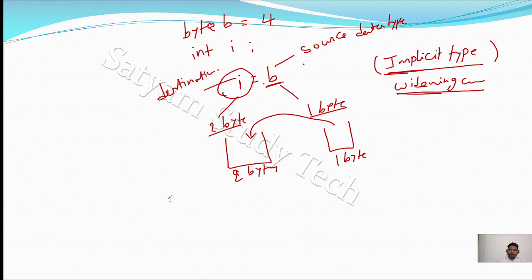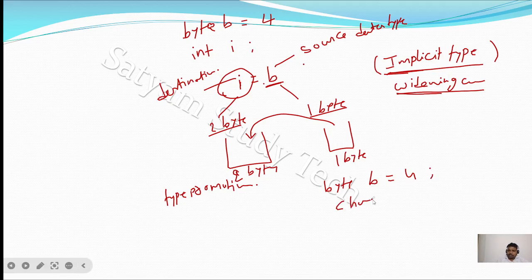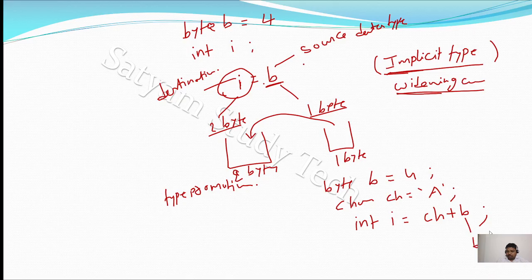You know, type promotion is also there, that is also called implicit type conversion. Type promotion means, for example, I consider a byte value b. Now I can take a character here, ch equal to one character. So I am taking int i equal to ch plus b. You can see b is a byte type, and ch is a character type.